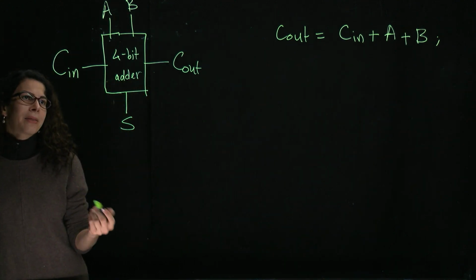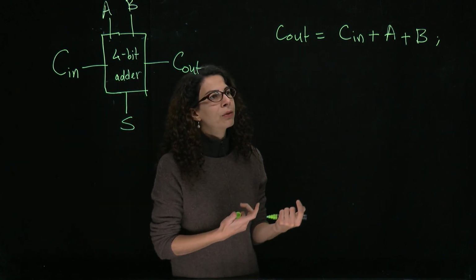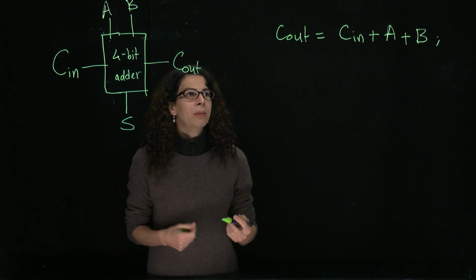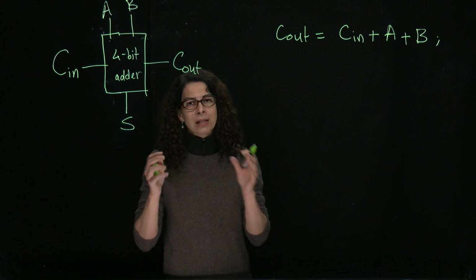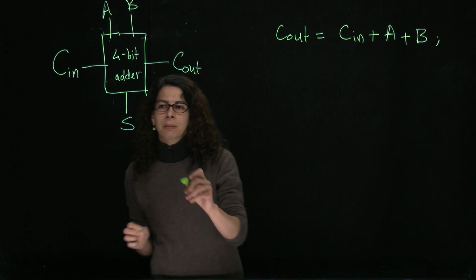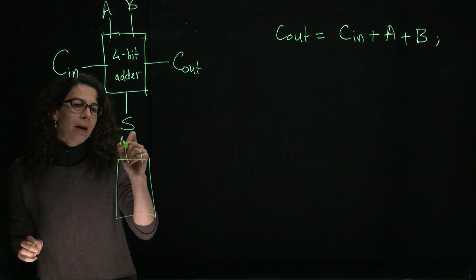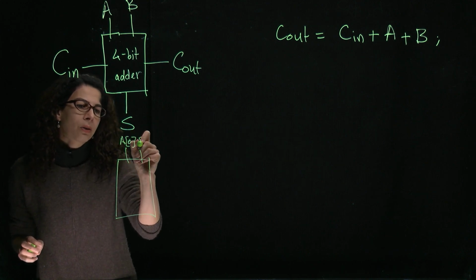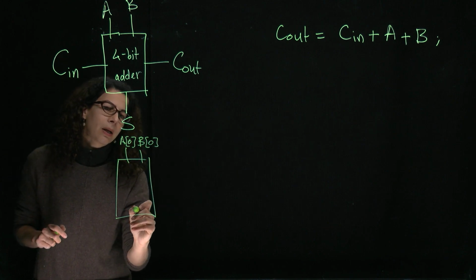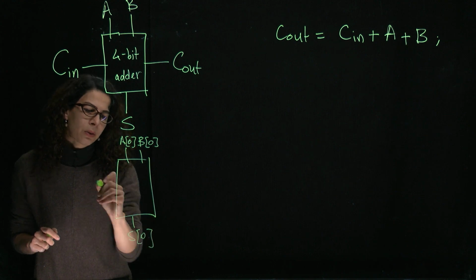Now in a structural design, I could write 1-bit full adders and then use them by concatenation to build a 4-bit adder. Of course, here I need the 1-bit adders as submodules, and then I need wires to connect them. Simply put, I have A0, B0, and S0.